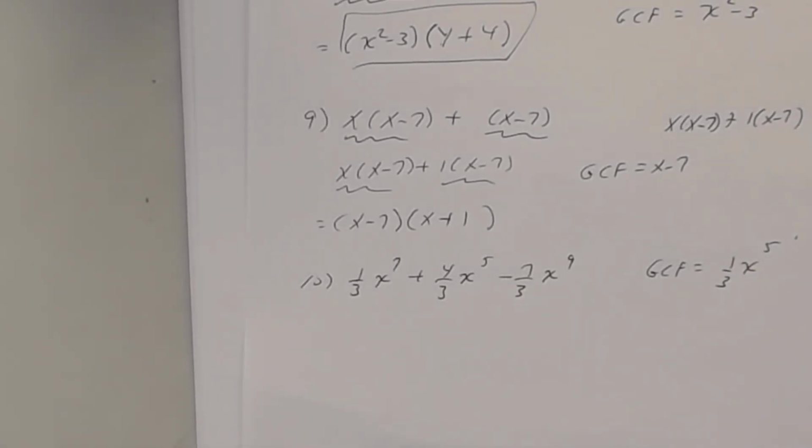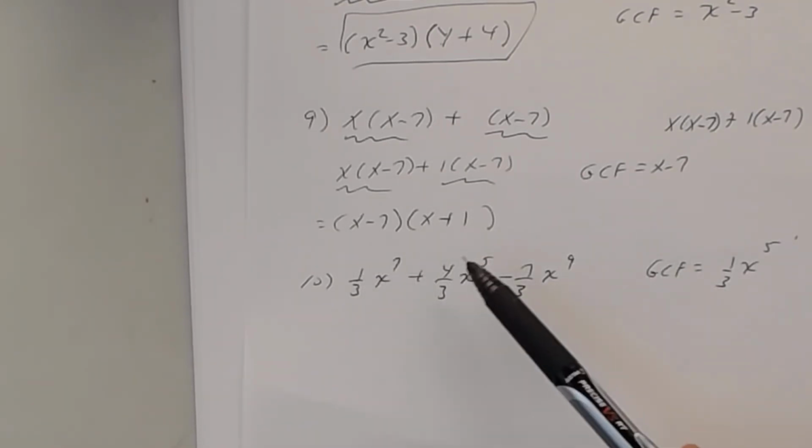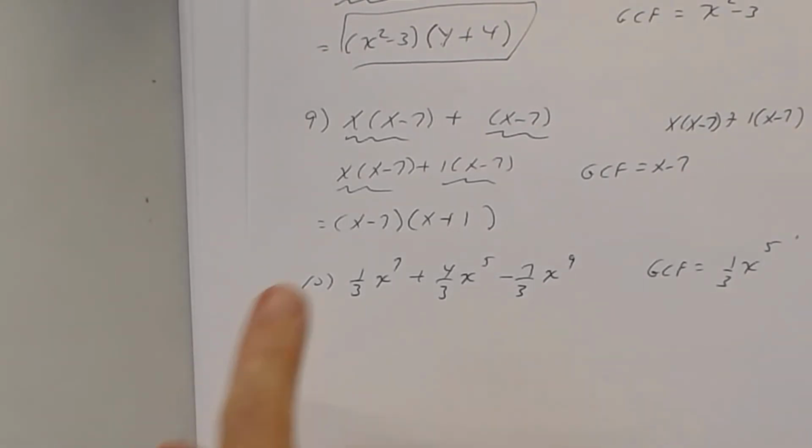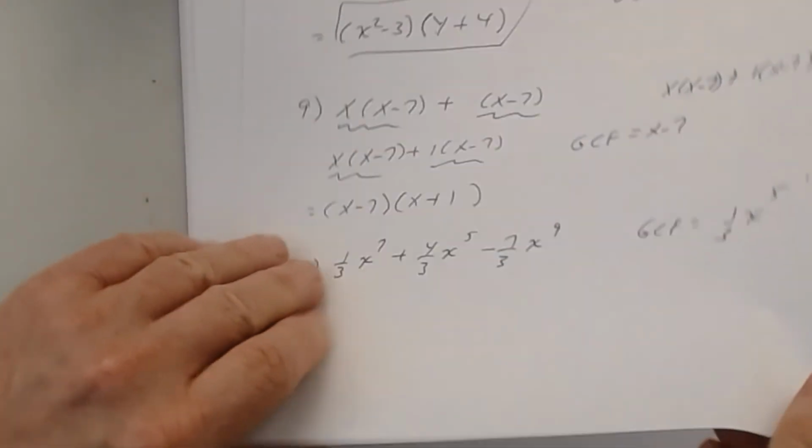So the numerator 1 comes from the fact that the GCF of 1, 4, and 7 is what? 1. All right. Now, the one on the worksheet and the one on the My Math Lab, the denominators are the same. So it's 1/3.